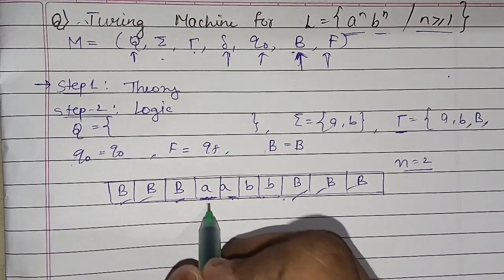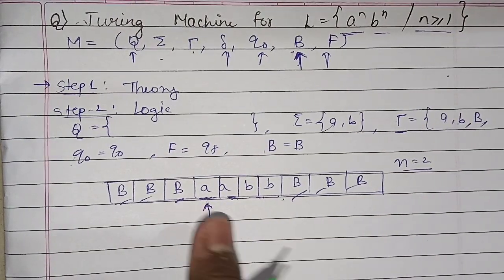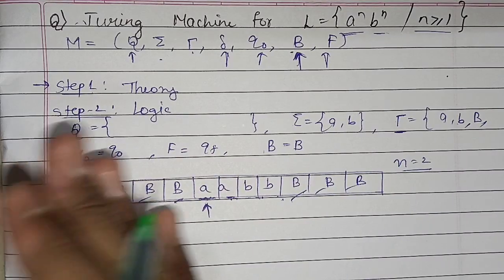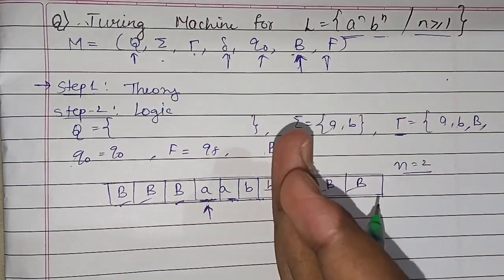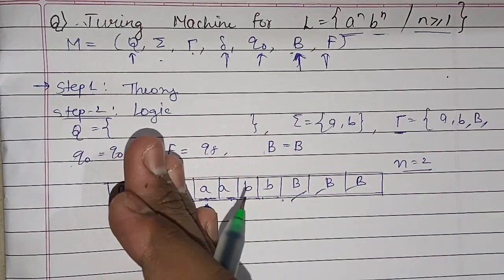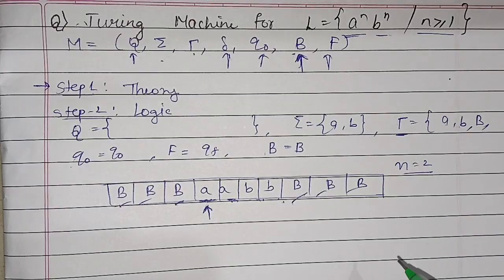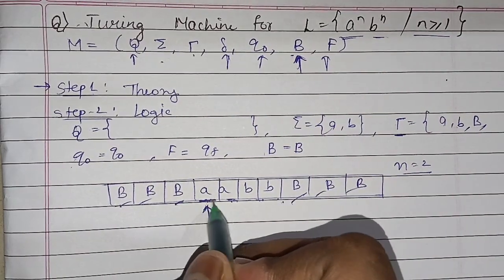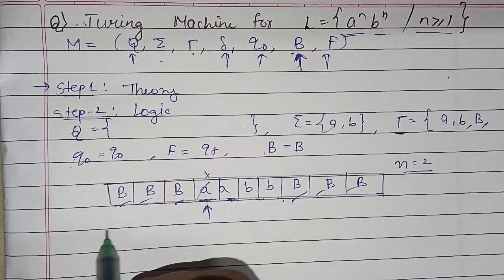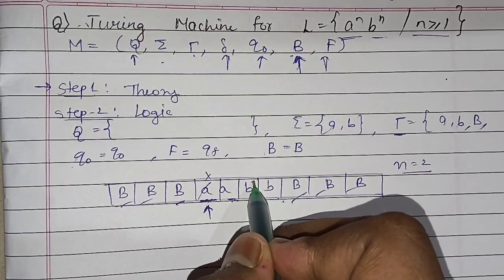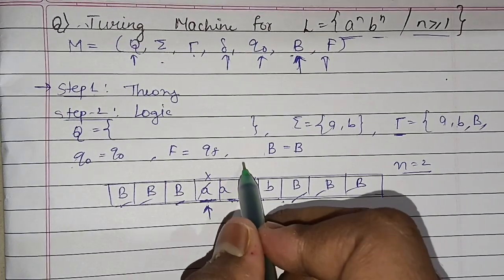Like in the tape, the head pointer will be positioned here. It can move right, it can move left, or it can stop. That's why I will solve this question like this: first I will make a as X, move right, and make b as Y.